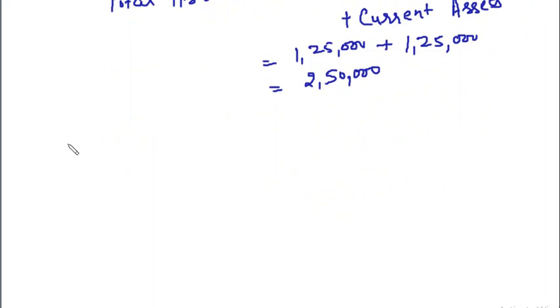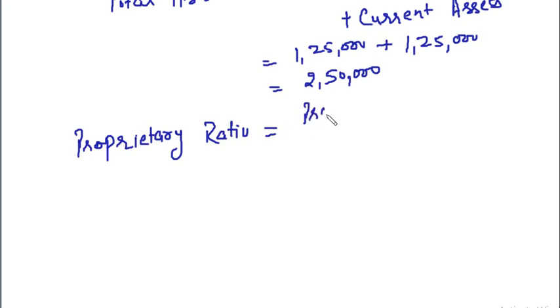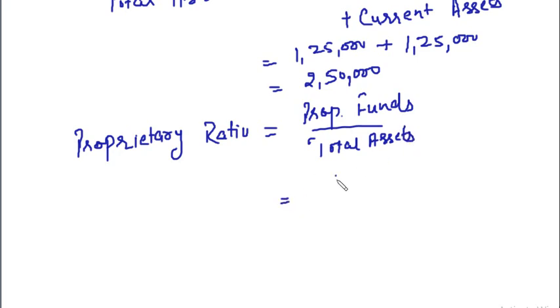Now you can calculate the proprietary ratio. This comes to proprietors' funds divided by total assets. Proprietors' funds are 1,75,000 and the total assets are 2,50,000. This comes to 0.7.